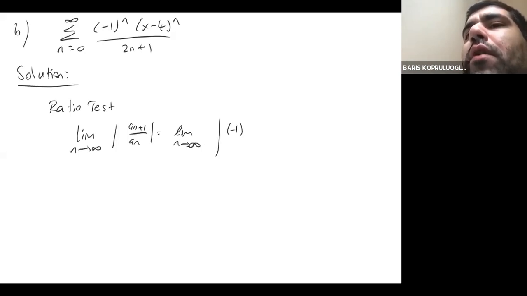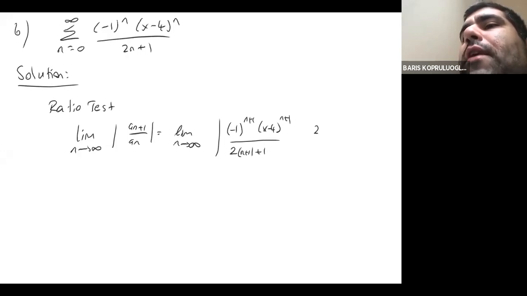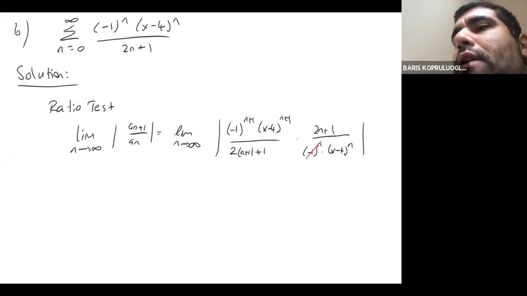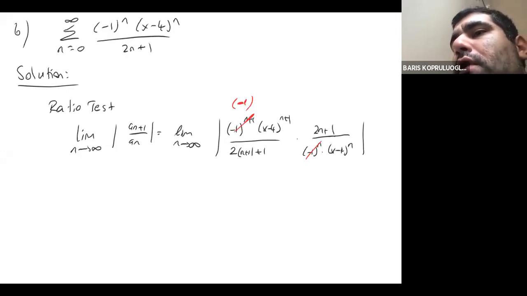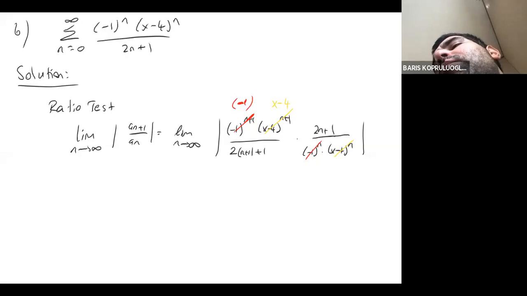So we have (-1)^(n+1), (x-4)^(n+1) over 2(n+1)+1. And if you flip that to (n) over (-1)^n (x-4)^n. Now here you'll have -1, which will go away because it's an absolute value. (x-4)^(n+1) over (x-4)^n, you will have x minus 4 on the top, and (2n+1) over (2(n+1)+1).